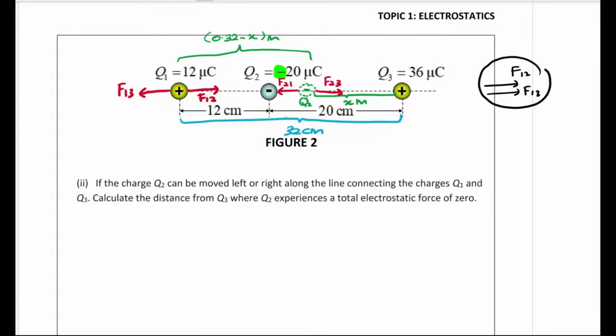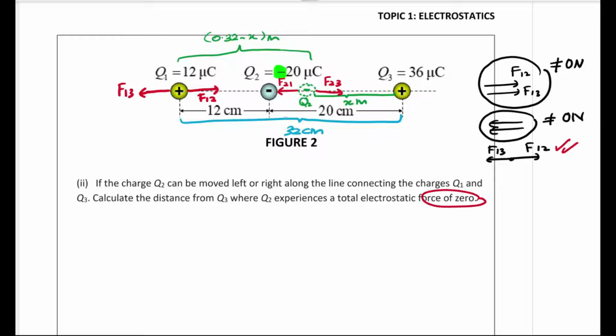Sampai bila-bila pun ini dia tak boleh equal to 0 Newton. Okay, ataupun ke sini. Sama juga. Sampai bila-bila pun dia tak equal to 0 Newton. So, on charge 1 contohnya, dia mesti opposite direction. Salah satu ke kiri dan ke kanan. Dan ini baru betul. Okay, baru boleh jadi dia total force dia equal to 0.